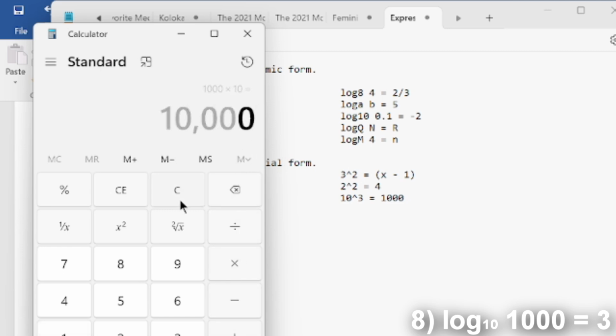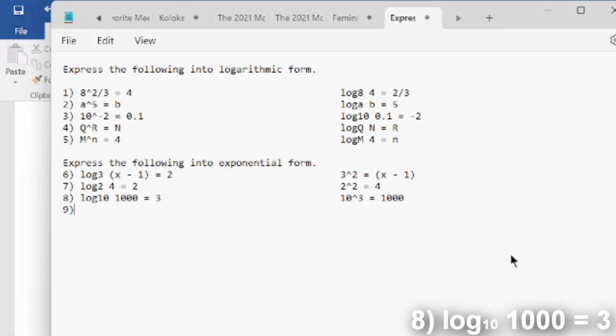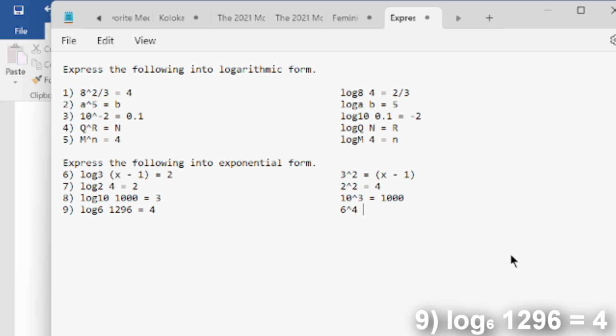Oh, my mouse is too fast. 10 times 10 times 10, there you go, 1000. Okay. Number 9: log 6. It's essentially the same as number 8, so I can just say 6 raised to the power of 4 would equal 1296.